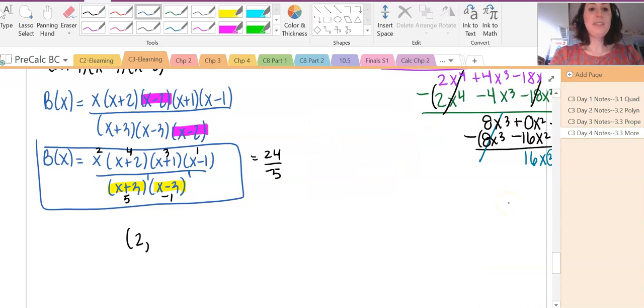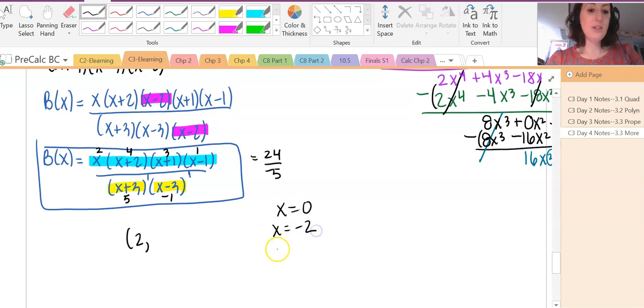Now, one more thing I want to mention briefly, and we're going to talk more about this tomorrow, is way back when, couple lessons ago, I talked about how the x-intercepts of the graph can be found in the numerator. I think that was back on day 2 maybe. So if you look at our numerator, this is actually going to tell you all of your x-intercepts. We're going to have an x-intercept at x equals 0, at x equals -2, at x equals -1, and at x equals 1.